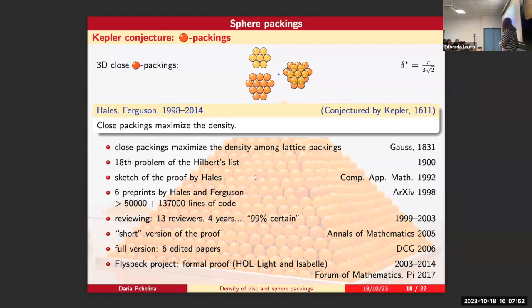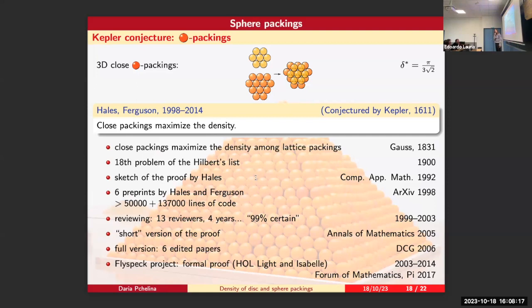There was a huge group of many people. It was an international project, and after 10 years, they completed it. So it works, it exists. The Kepler conjecture is formally proved. You can even download this proof and run it on your computer, and I hope you will be satisfied.